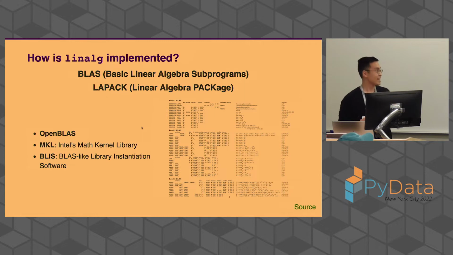BLAS is a stable API that defines linear algebra routines. The question here is, each one of these has different performance characteristics. The Intel one most likely favors Intel hardware. So depending on which BLAS you have, it may have different performance characteristics. So things that run fast on your laptop may perform differently on a server.